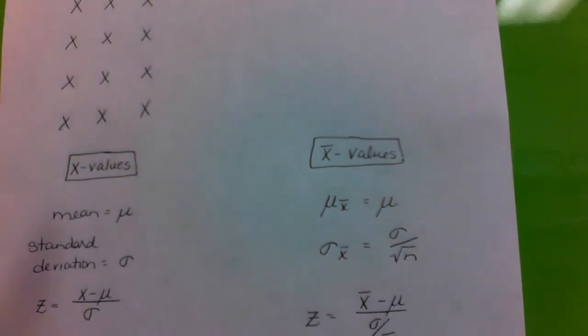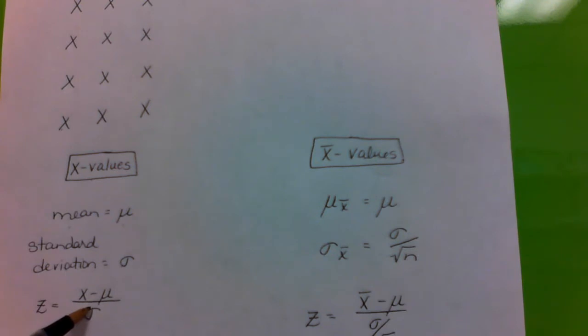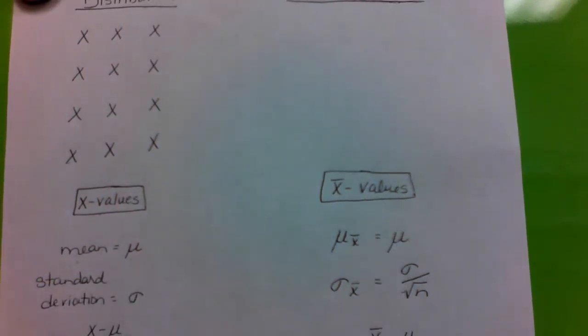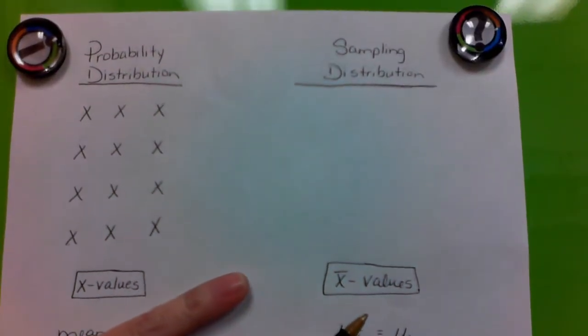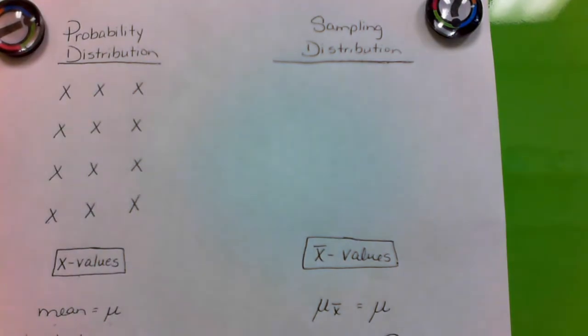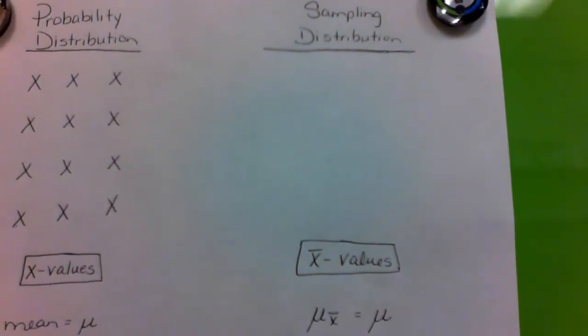If it's the population, then the mean is known as mu, the standard deviation is sigma, and what we did in 6.3 was we took those x values, we converted them to their z value, and then found their probability. Well, sometimes we work with what's called a sampling distribution instead of a probability distribution, so I want to show you what a sampling distribution is.